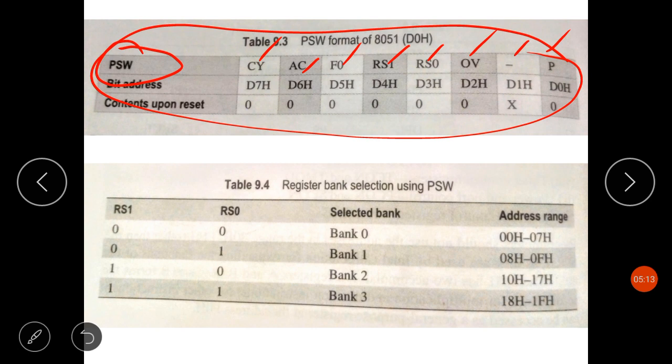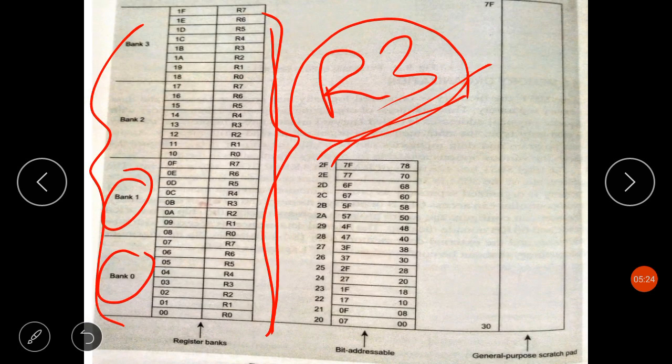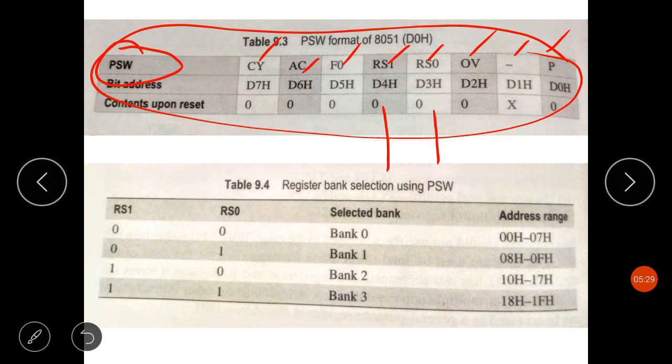In this 8-bit register, the third bit and fourth bit are used for selecting the register banks of the RAM of 8051 microcontroller. The third bit has been designated as RS0, and the fourth bit of program status word has been designated as RS1.